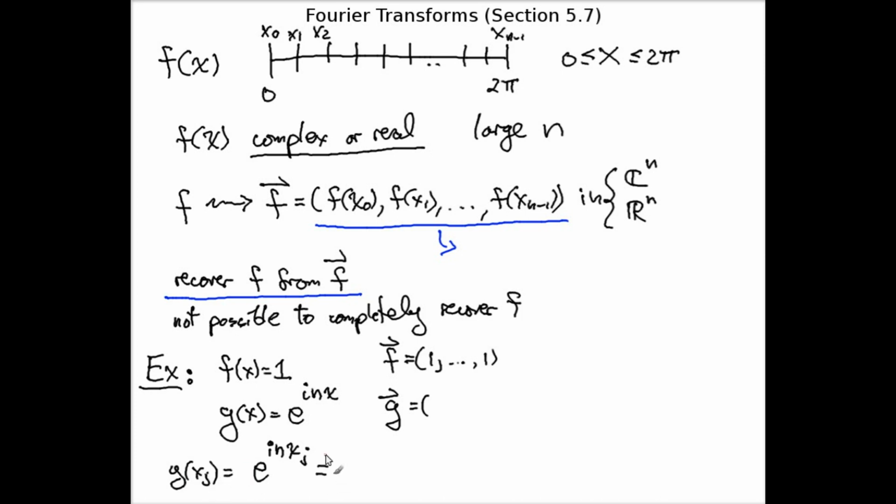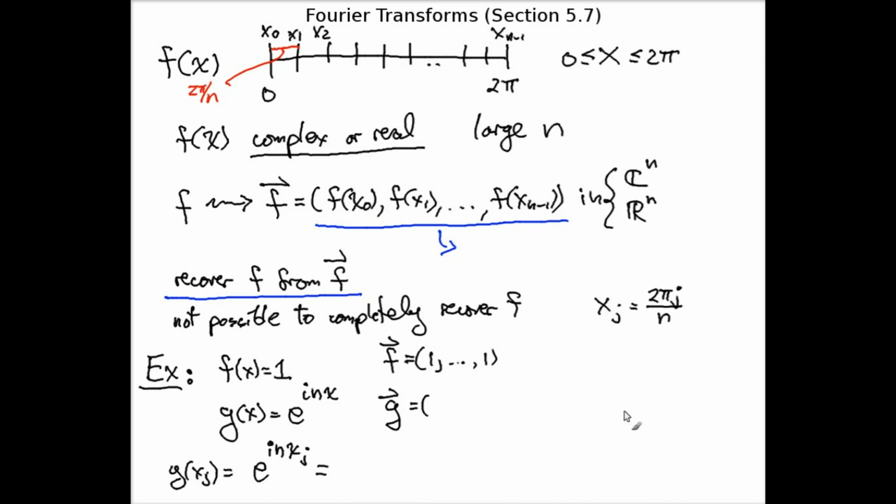And what is xj? Well, if you think about it, xj is simply 2 pi j over n, because this interval right here is 2 pi over n, and then you just keep taking multiples of that.